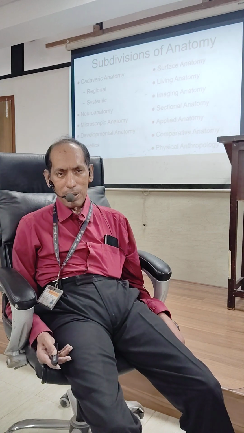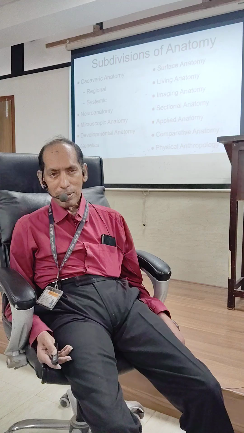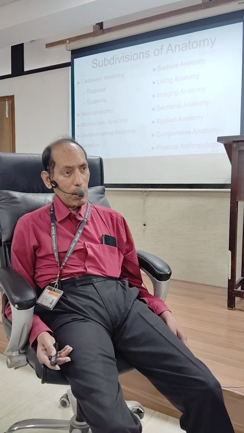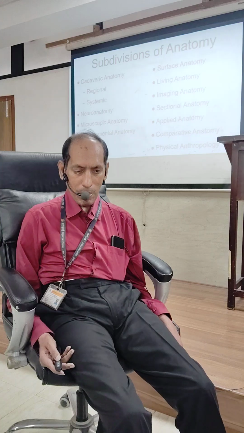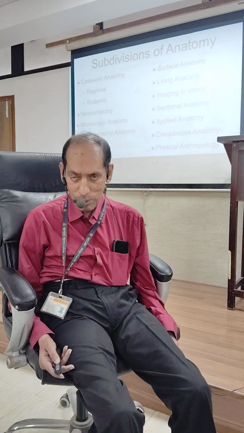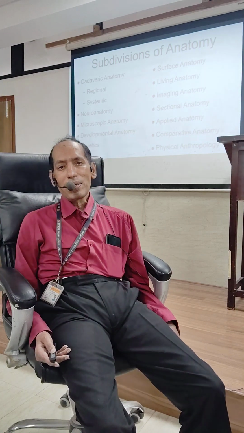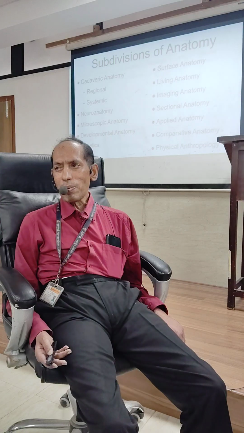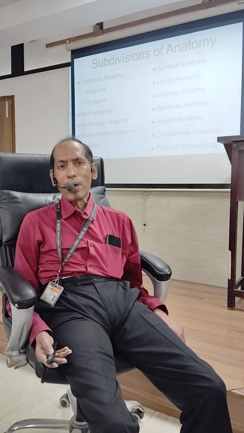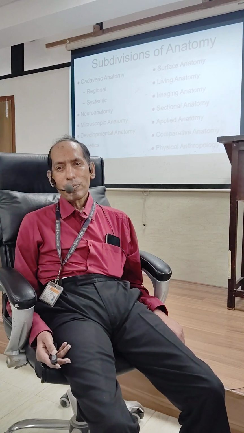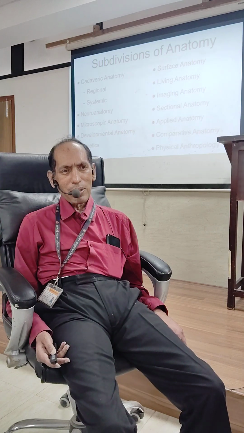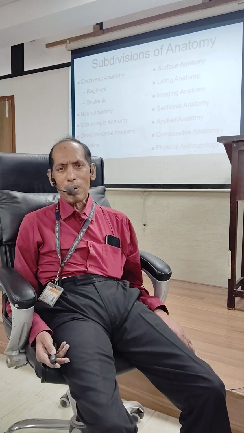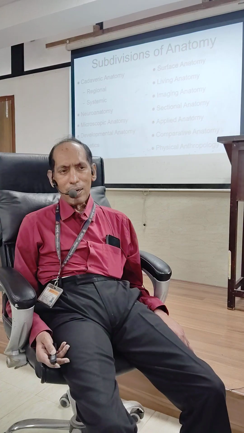Amoeba can detect light, probably sound also, we don't know. What will be the problem if the amoeba grows as big as us? What is the problem of amoeba not growing as big as us? Amoeba, if you know, has a size of only around 10 microns.